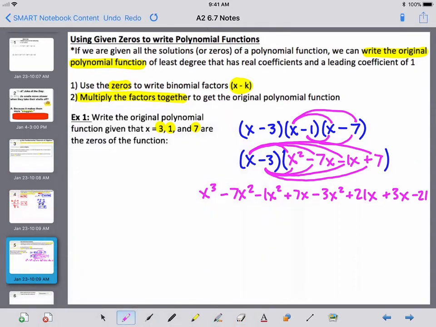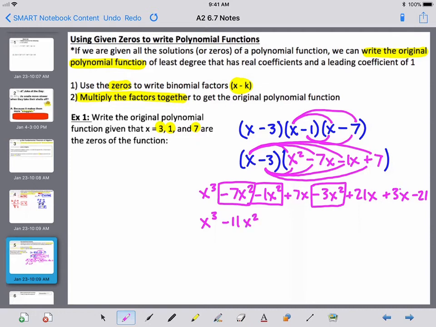Now, as you can see, we have a lot of like terms. X cubed is all by itself, however. And now I notice I have negative 7x squared minus 1x squared minus 3x squared. So if I combine those like terms, that is going to give me negative 7, negative 8, negative 11x squared.